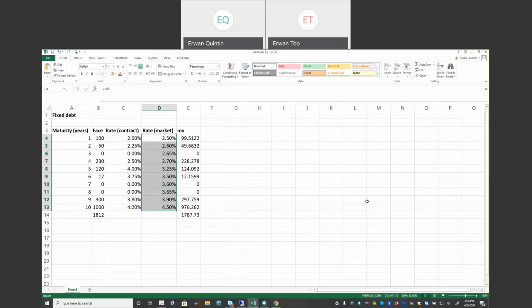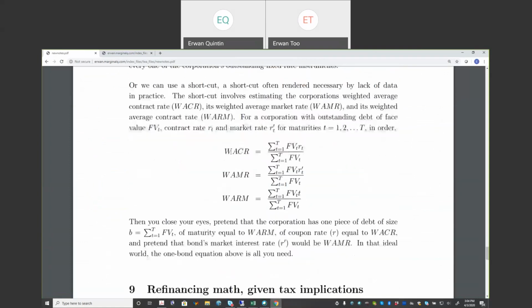Its interest rate is going to be the average interest rate that I can get from the financial statements, and we're going to compare that to the market rate for that average maturity. So these are a lot of words. How is this done in practice? In practice, typically you're going to have an idea of what the weighted average contract rate is on a corporation's debt. So what is that WACC in practice?